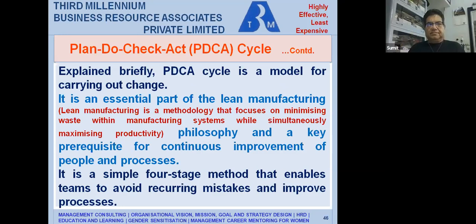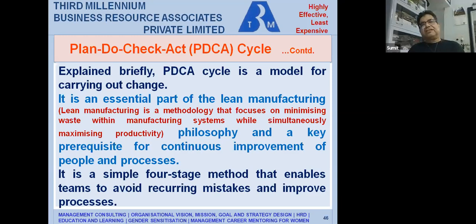I don't think there's much to explain except the technical term lean manufacturing, and I have given you the definition of lean manufacturing. So on the one hand, you minimize the wastage, and on the other hand, you maximize the productivity.